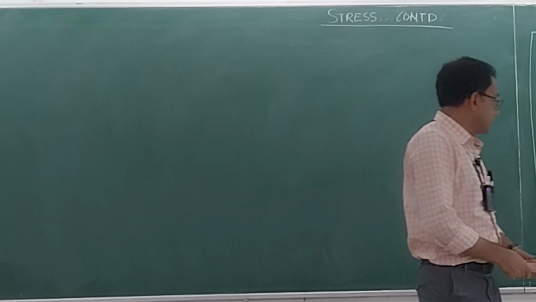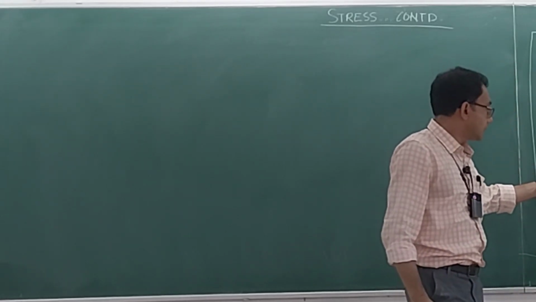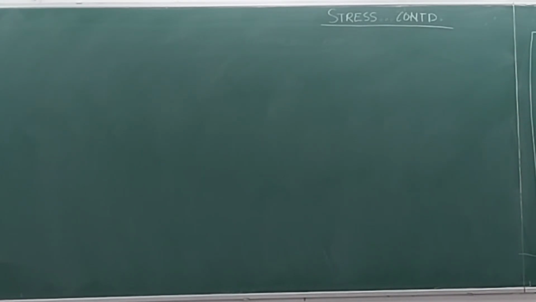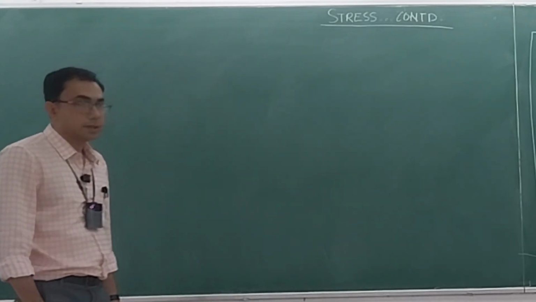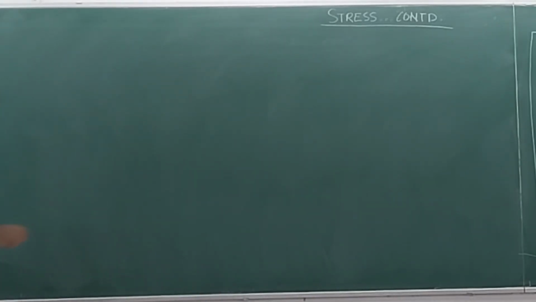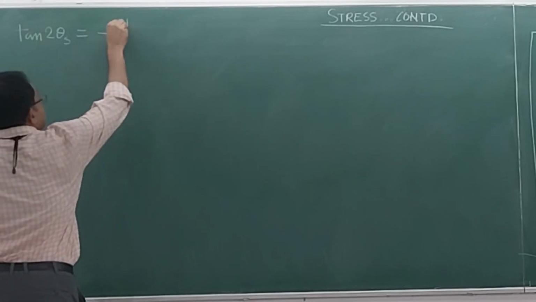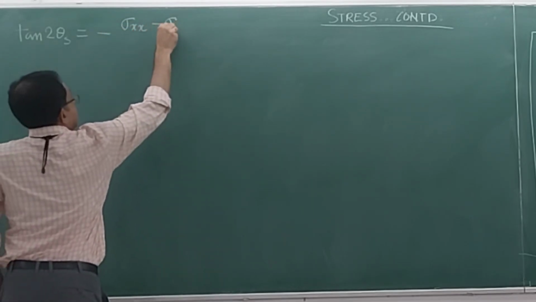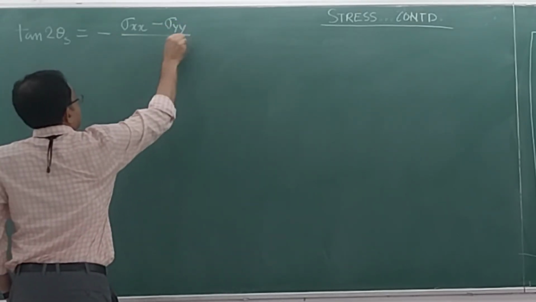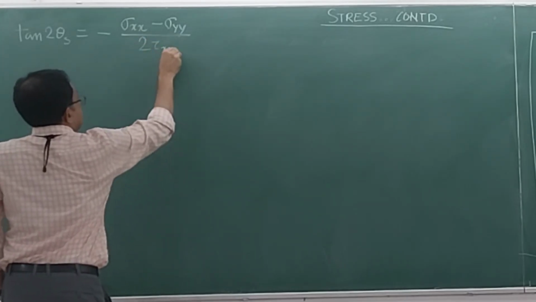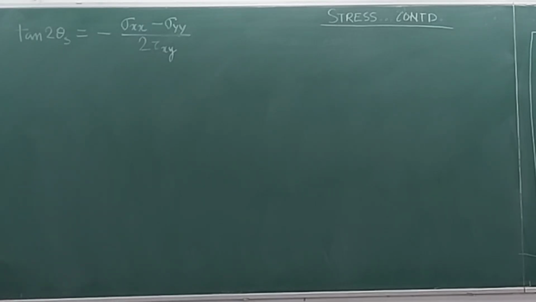We are again going to take up this particular expression itself, this tau x dash y dash, and here we are going to carefully substitute the expressions for the cos twice theta and the sin 2 theta. So tan twice theta s, that we have obtained as minus of like this. Okay.